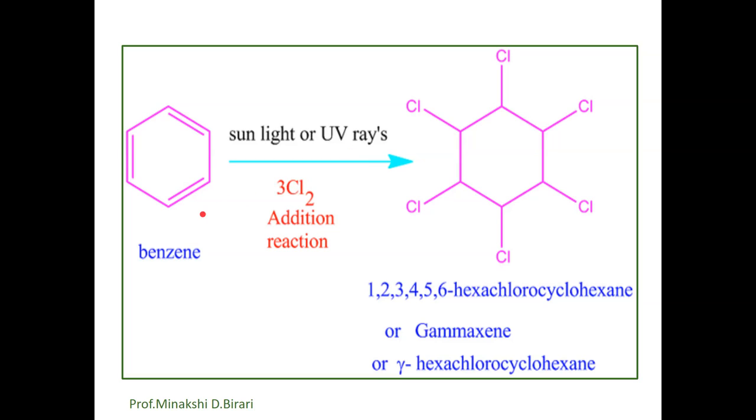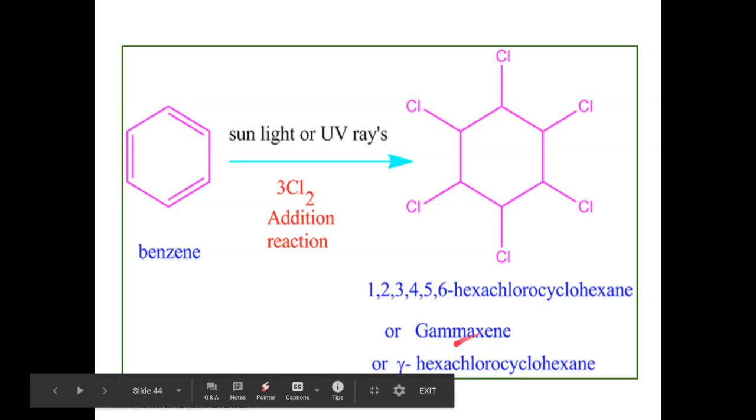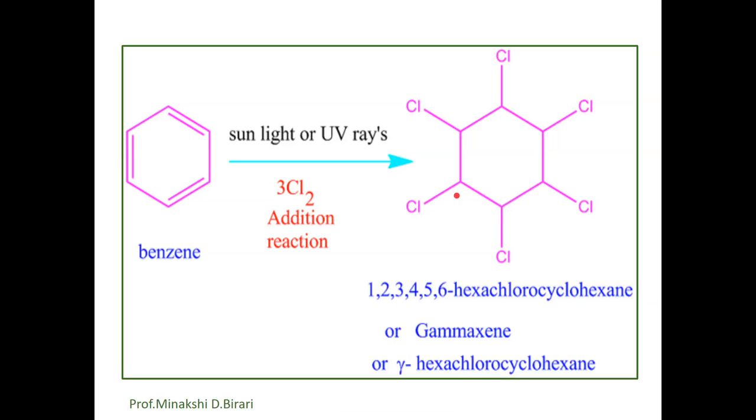Chlorine gas is passed into liquid benzene in the presence of sunlight and the product obtained contains a mixture of isomers. About 12% of gamma isomer is present in the mixture, which can be extracted with organic solvents. So this is the total synthesis of BHC, benzene hexachloride. It is also called gammexane or gamma hexachlorocyclohexane, having the molecular formula C6H6Cl6.